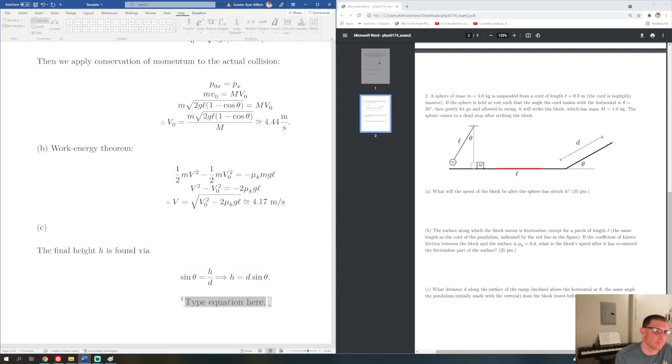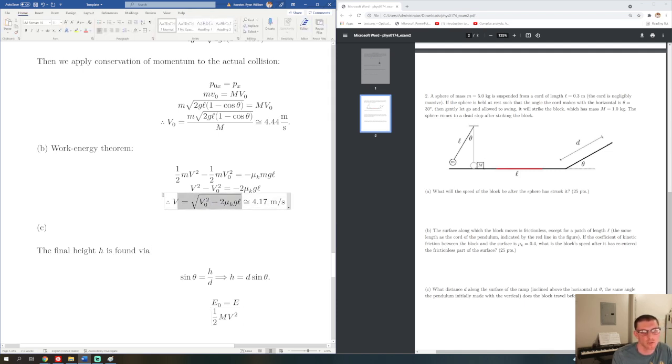So then we just set E initial equal to E final. E initial is 1/2 big M, big V squared, right? Where big V is what we found here. And then this equals big M G H, right? But H is D sine theta.